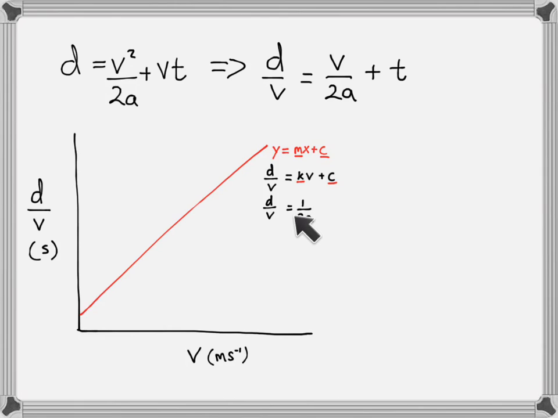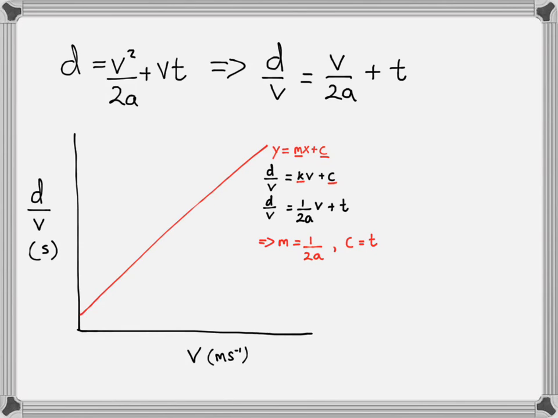That something is 1 over 2a in this case, times v, because 1 over 2a times v is the same as saying v over 2a, plus the thinking time t. So now I can identify what the gradient of the line will give me. It'll give me 1 over 2a, and the intercept c will give me the thinking time.